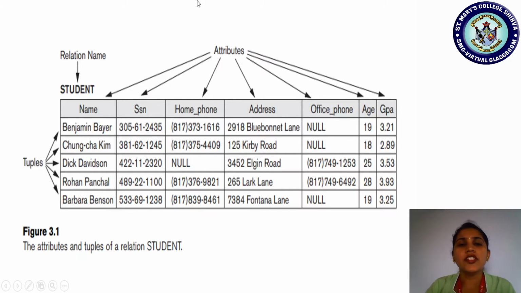For example, just check out this representation here. Student is a relation, and you all know how many records you are finding. 5 records are there, and these records are placed row by row, and each row is referred to as a unique tuple, right? Yes, so these are the tuples, the horizontal rows, and the vertical columns represent what?